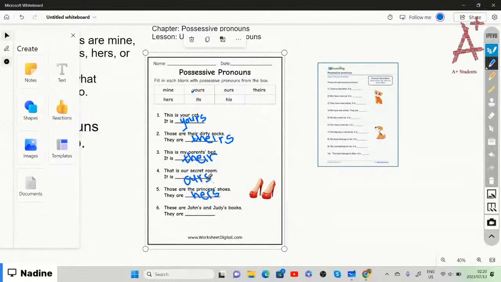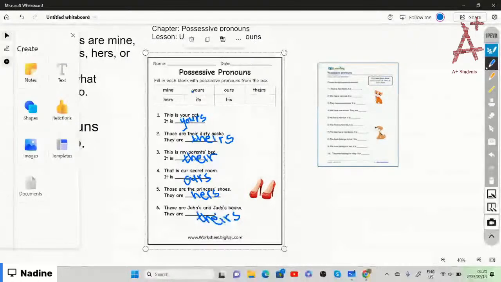So hers. And these are John's and Judy's books. They are, we can say theirs, because it belongs to both of them. So theirs, right? So those are possessive pronouns, right?